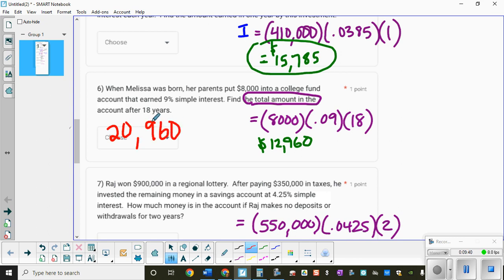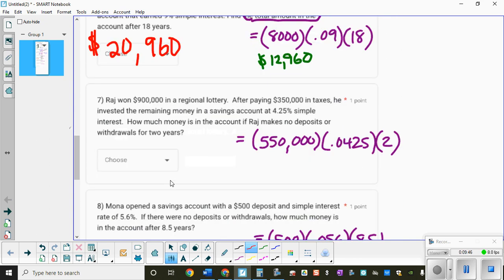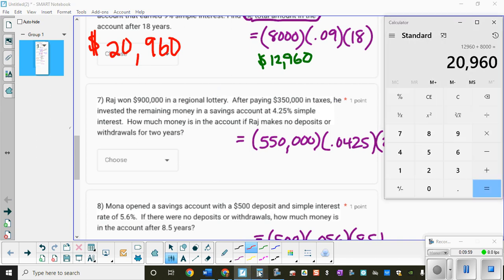Okay. And now for number 7, this is the one that involved a slight calculation before you do anything. It's because when Raj won $900,000 in a lottery, first you've got to pay a bunch of it to the government in taxes. So the first thing we got to do is take the 900,000 that Raj won, and subtract 350,000 in taxes.